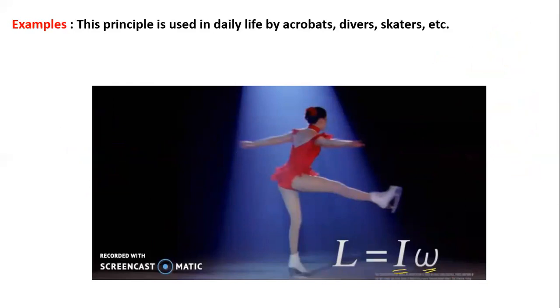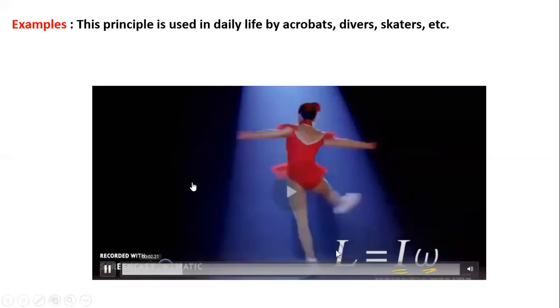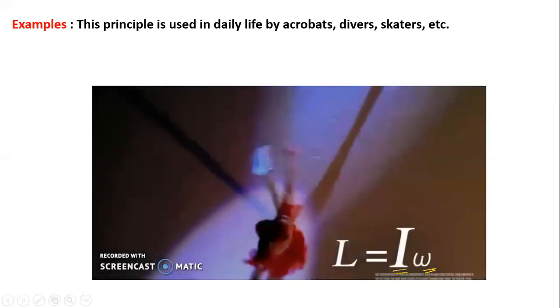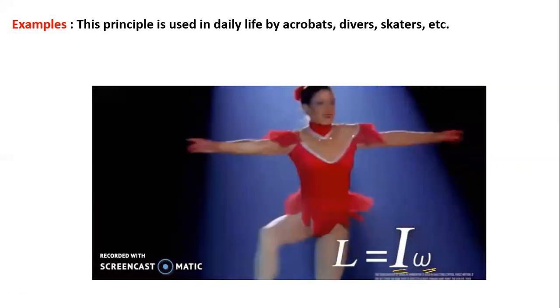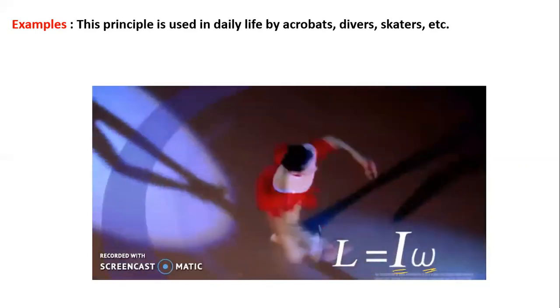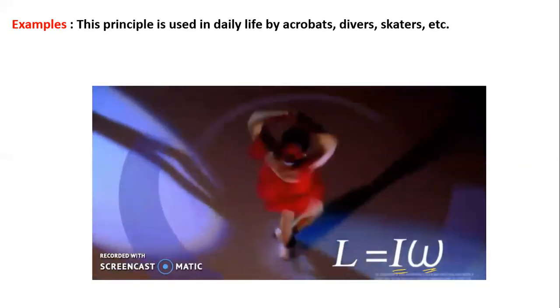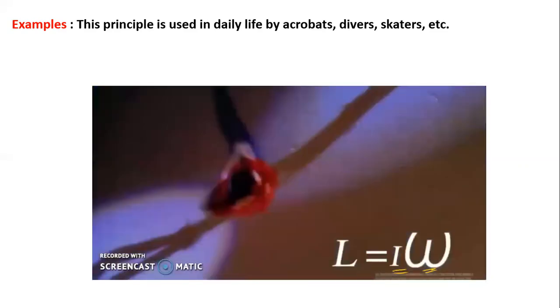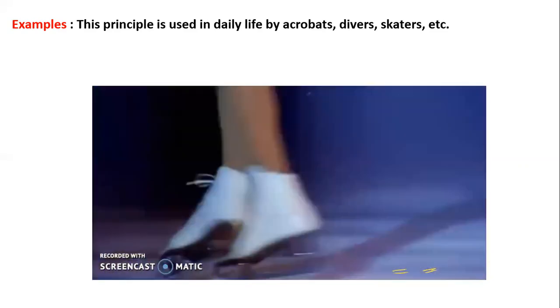You can see the angular speed of this body is lesser. But as the ballet dancer folds her hands and legs, the speed increases. You can see the increased speed. Why did the speed increase? Because at that time the moment of inertia decreased.